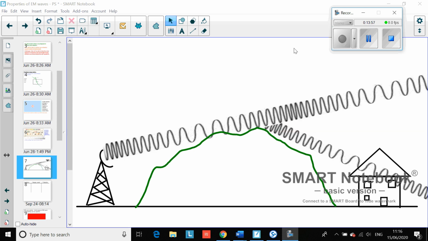Okay, it's not shown very clearly here, but what happens is longer wavelengths are able to diffract around objects. Basically, the longer the wavelength, the more it can bend around an object, say, for example, a hill. So that's why we use long waves to transmit TV and radio signals, to transmit them around certain objects. Okay, we're going to talk a bit more about that in a minute.